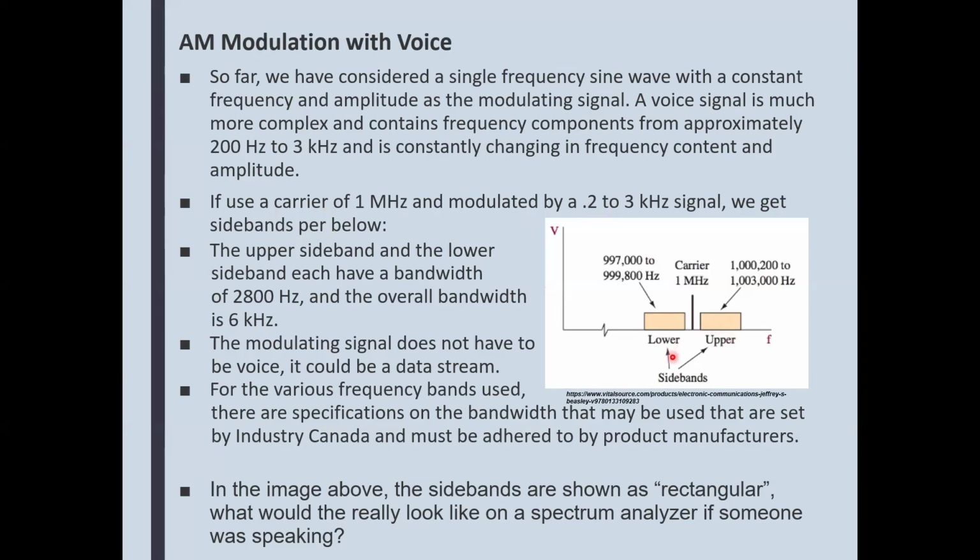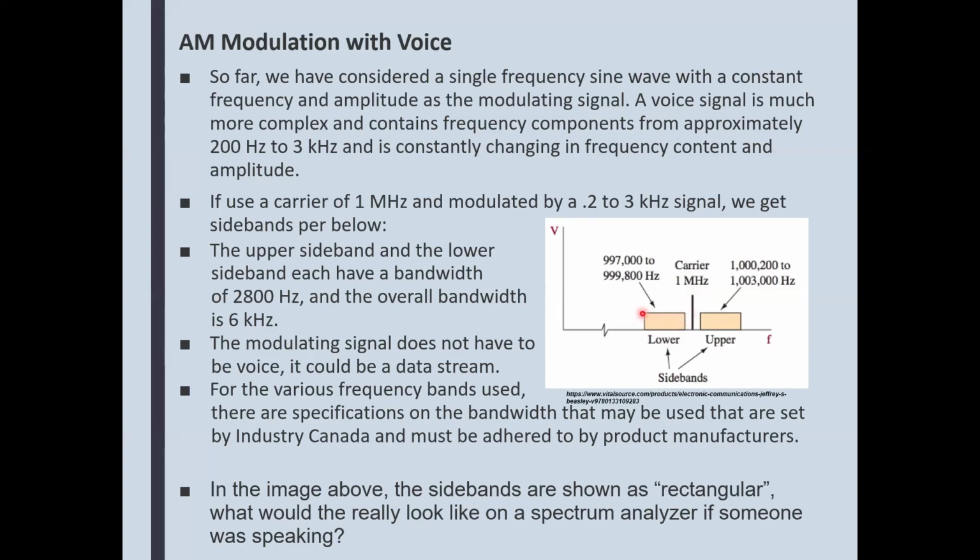Now, here's something to understand. When we are going to transmit the carrier, and we're going to modulate that carrier with certain content, could it be music? Could it be voice? Could it be a digital transmission?